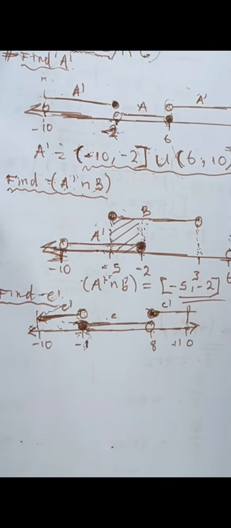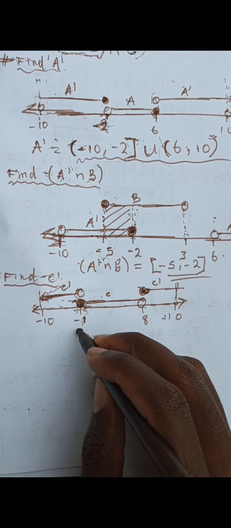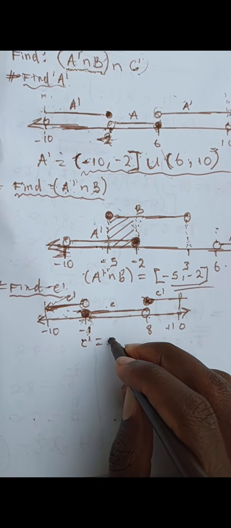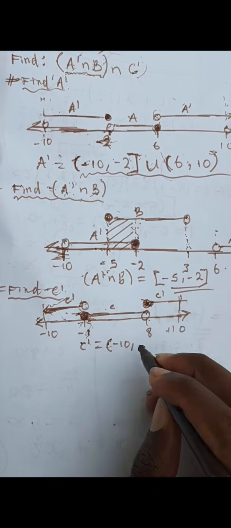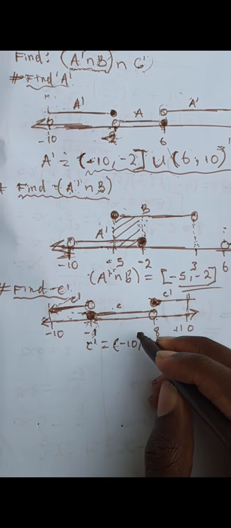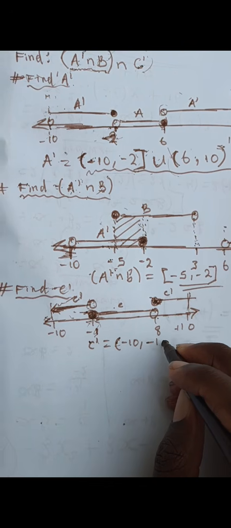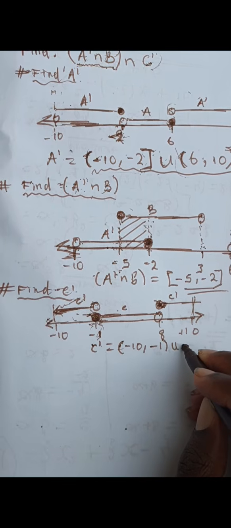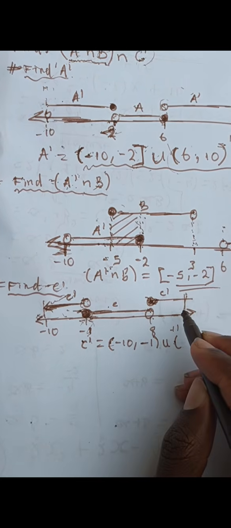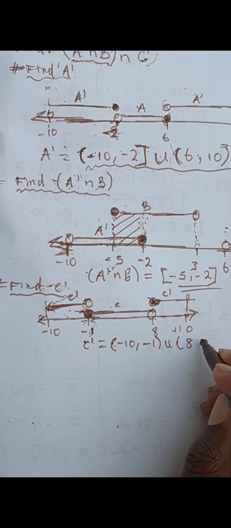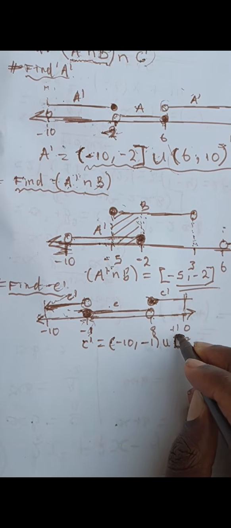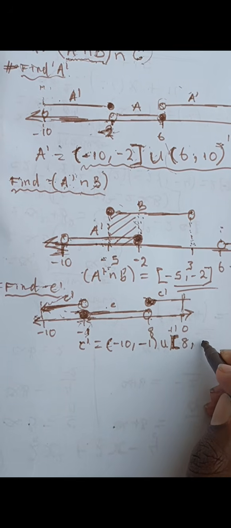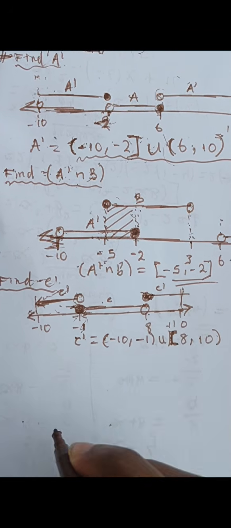So here I'm going to say C complement. So let's now write that C complement is, we're going to describe it as from -10 to -1, which is not going to be part of the set, and we say union 8, which is going to be part of the set, comma 10, which is not going to be part of the set.